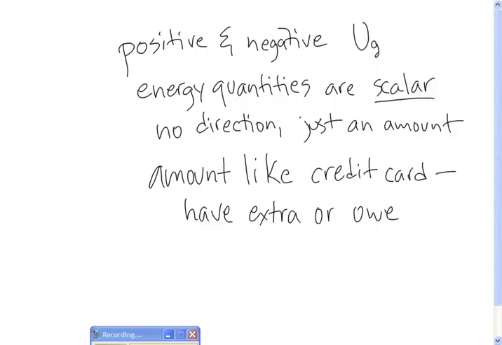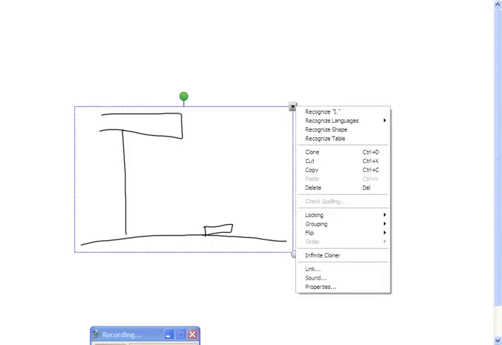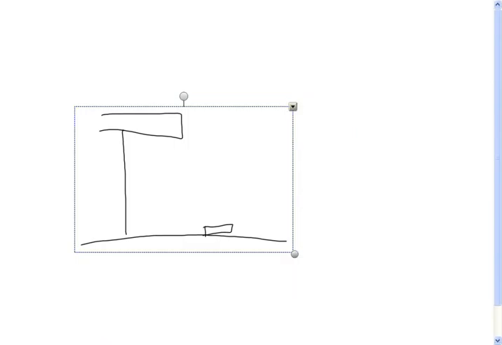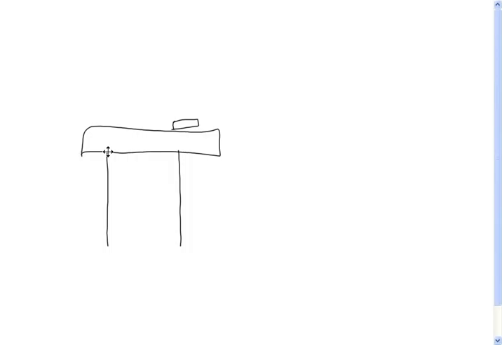What's the physical meaning of gravitational potential energy with a sign on it? Consider our example of a desk and a piece of chalk on the floor. What if the piece of chalk we're interested in is not on the floor, but rather up here on the table?